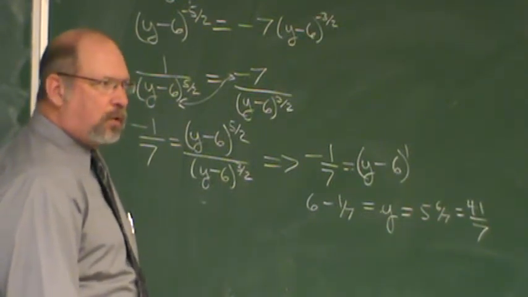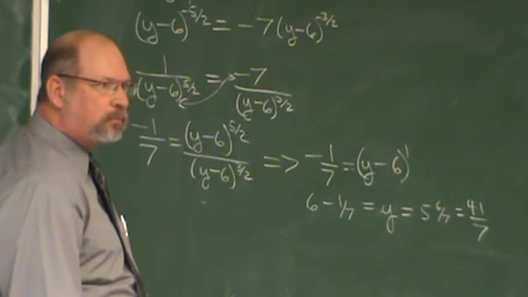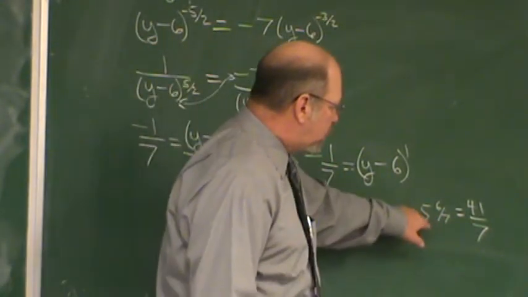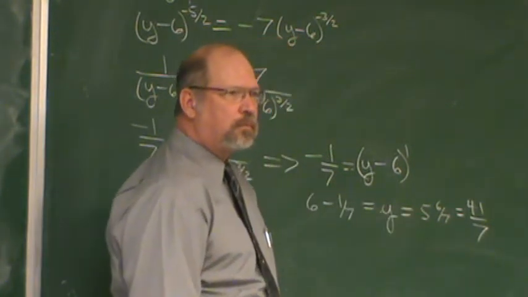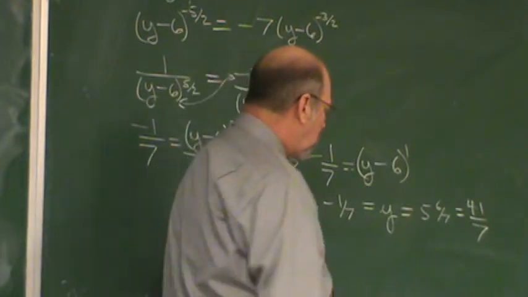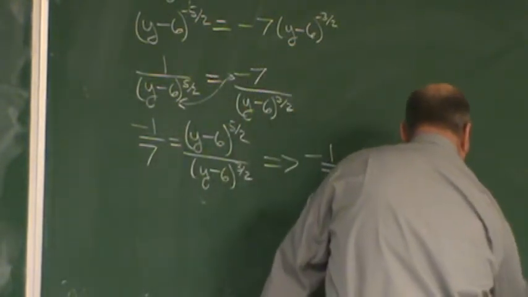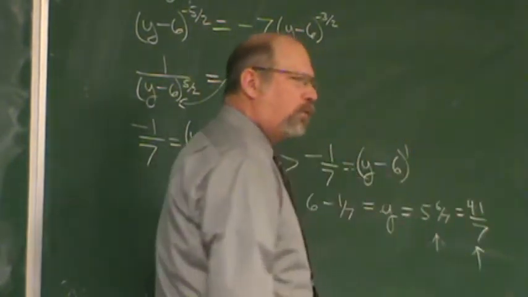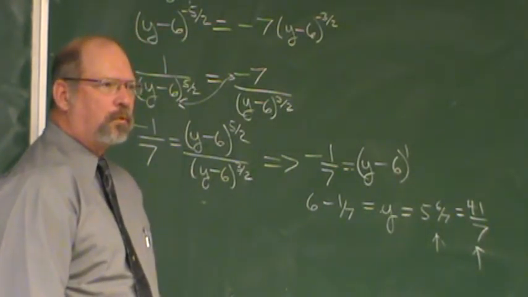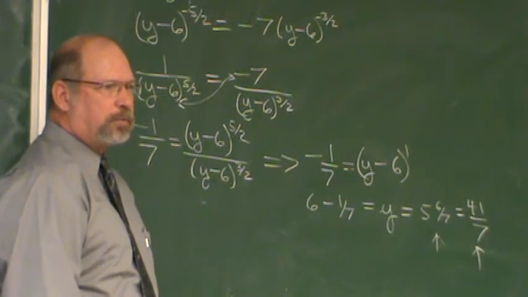Anything else? Any other questions? How'd you get the 41/7? 7 times 5 is 35 plus 6. The denominator stays the same. I don't care which one, they're both exact numbers. What you don't want to give me there is a decimal approximation.